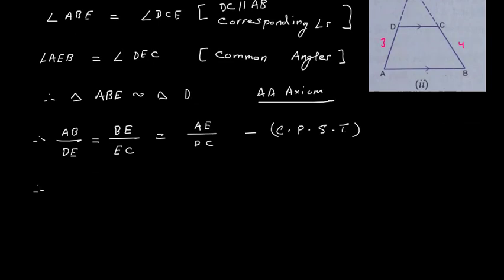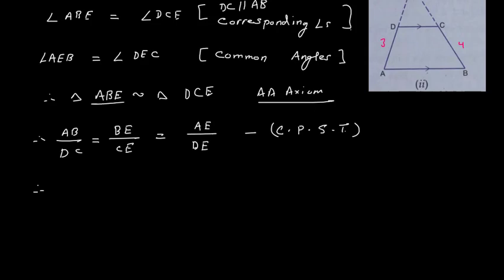Here it is DCE. So here AB upon DC is equal to BE upon CE is equal to AE upon DE. So when we write triangles in proper correspondence, this is the advantage, that without looking at the diagram we can write which ratio is common.